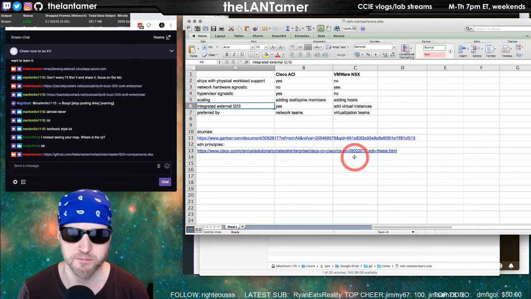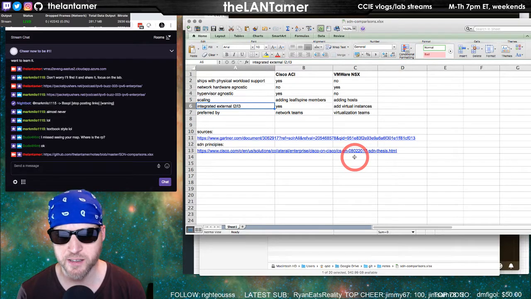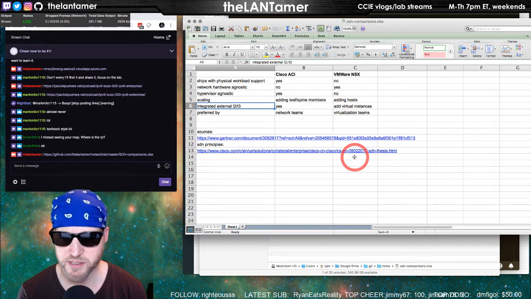Again, we're kind of grasping at straws a little bit here, but yes, you can do Internet Edge at layer 2 and layer 3 with Cisco ACI out of the box. With NSX, you have to add some specific virtual instances to support that.